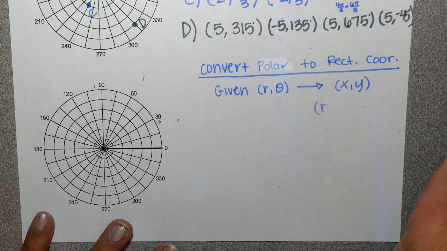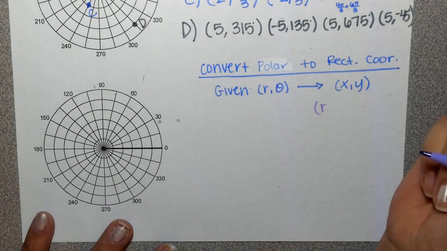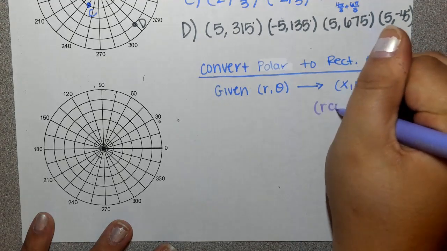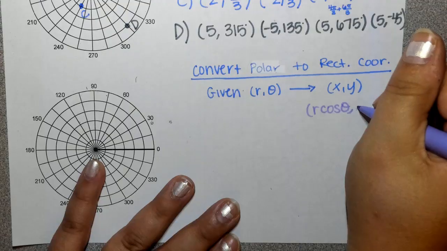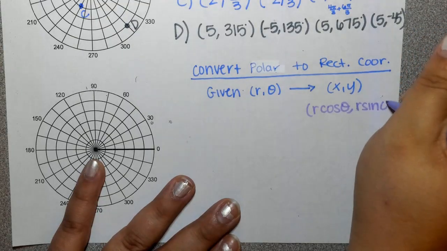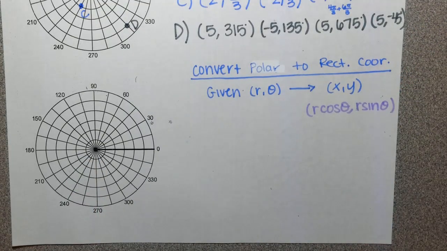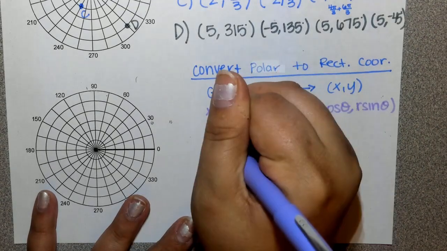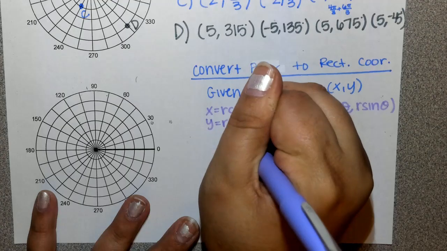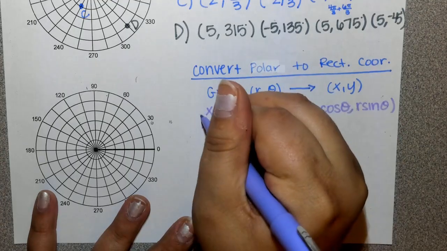X is r cosine theta. And your y is r sine of theta. And that's how you would convert it. So your x is r cosine theta, and your y is r sine theta.